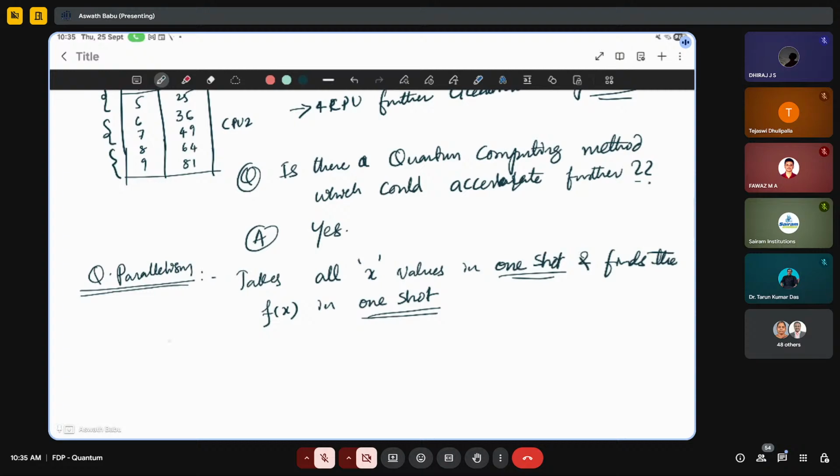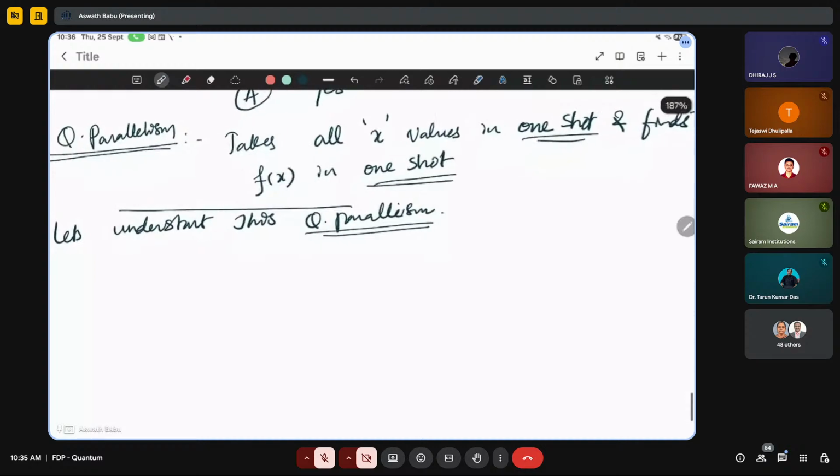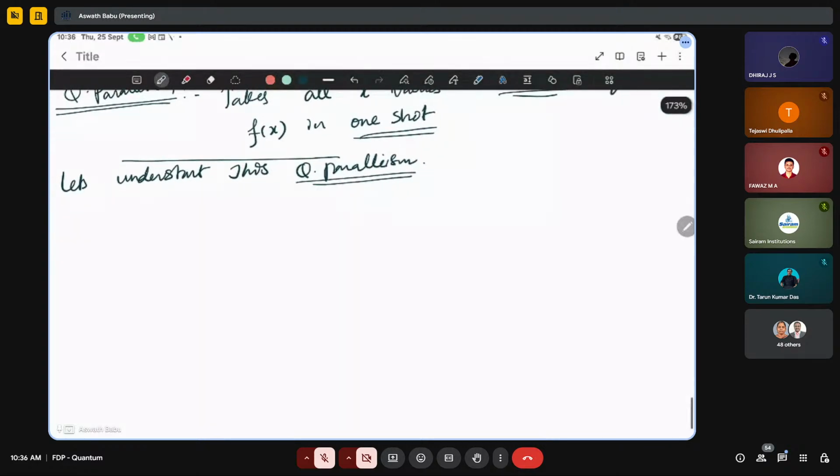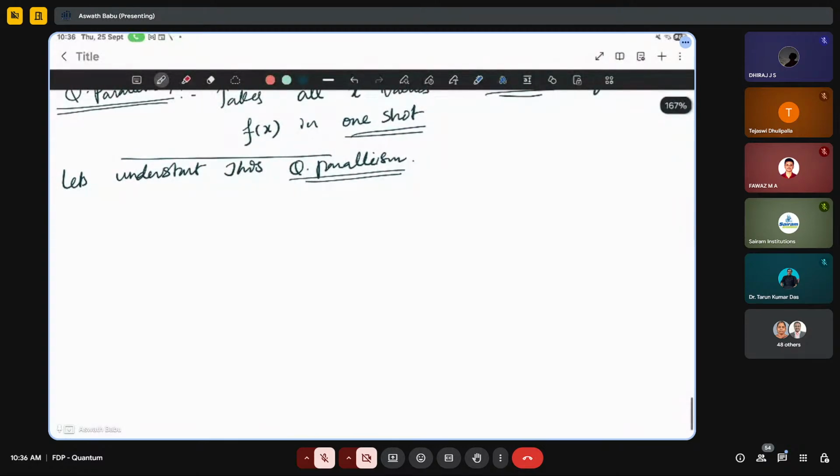So we'll try to understand this quantum parallelism. I'll write sometimes in a short form, not the full word. So to start with, let's say I have 2 numbers.